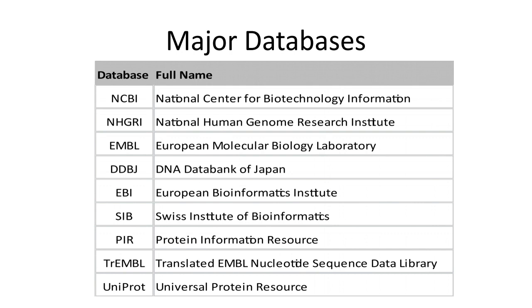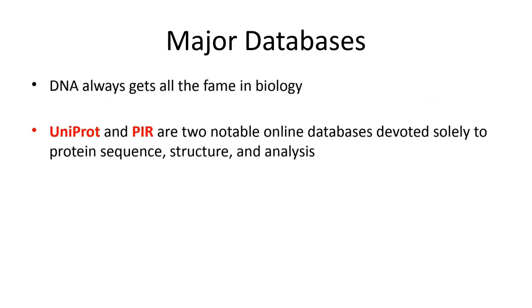These two are kind of notable: UniProt and PIR. These are the only databases on the list that are completely devoted to protein sequence. They don't really touch on DNA sequence at all. If we have time, we'll take a look at at least one protein database, because these are usually pretty good databases for doing 3D modeling, and that always just looks cool and sciencey.